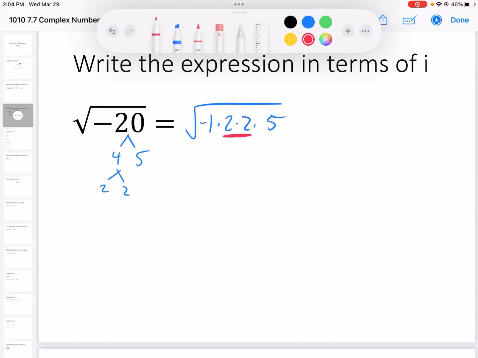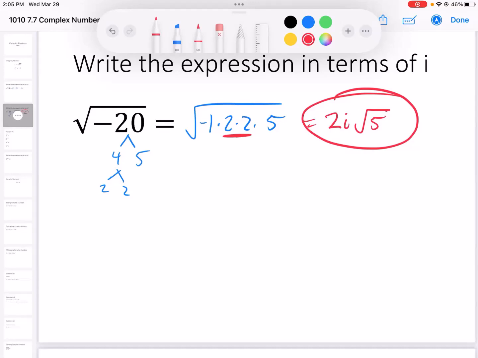And the square root of 2 squared equals 2. The square root of -1 equals i. And the square root of 5 can't be simplified. And so this would be the simplified version of the square root of -20. Any questions on that? So basically, anytime you take the square root of a negative, that equals the imaginary number i.